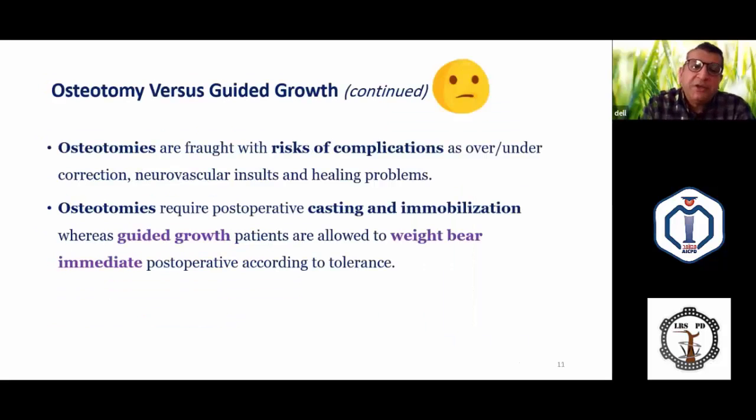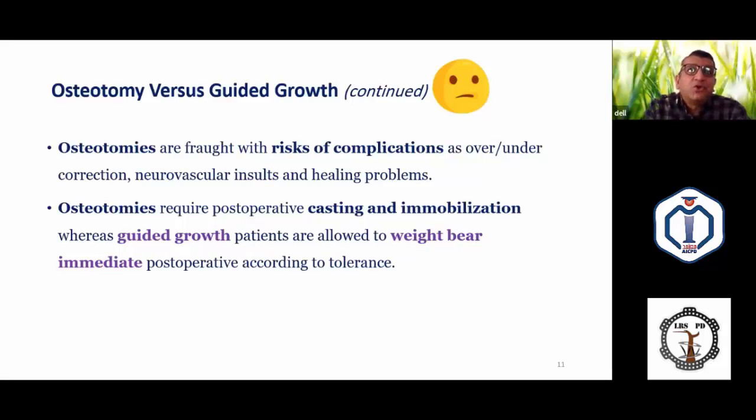Another point, osteotomies versus guided growth. How can we weigh them against each other? Osteotomies are fraught with risks of complications. They are not complication-free, no matter how much experience you have with them. You can face over or under correction, which is commonly seen in osteotomies.